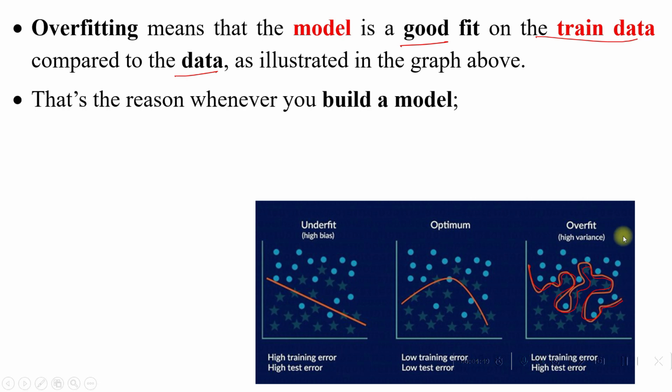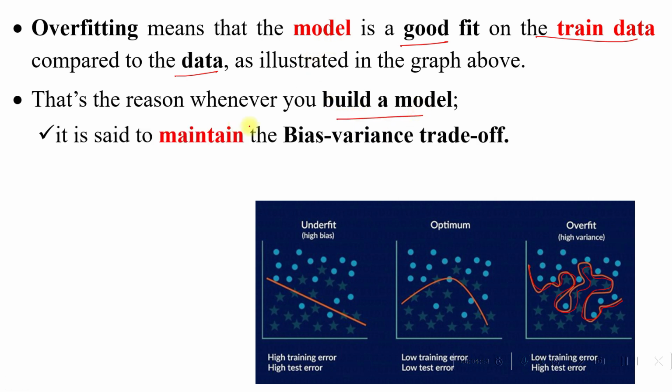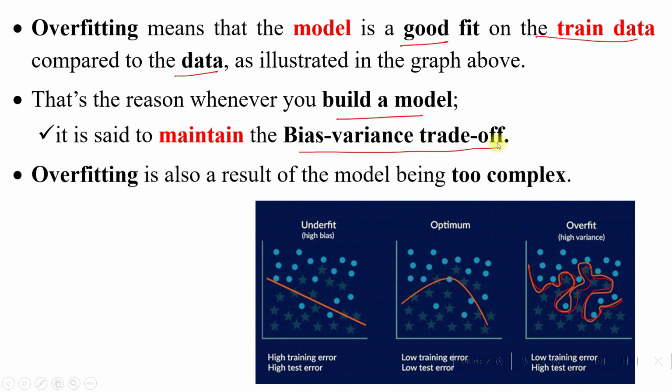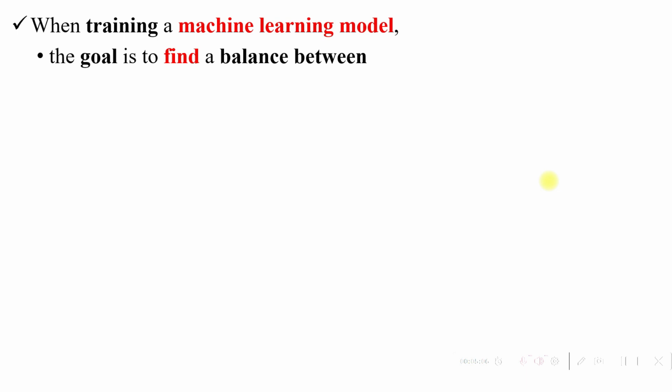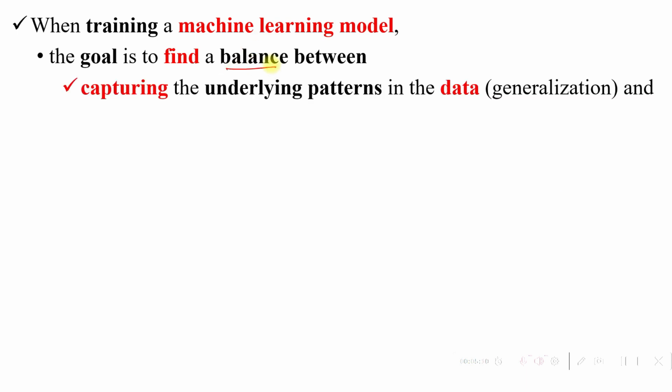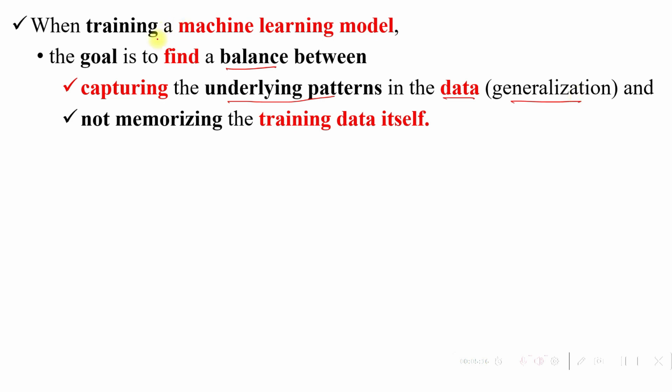That is the reason why, whenever we build a model, we are said to maintain the bias-variance trade-off. Overfitting is also the result of the model being too complex. When training a machine learning model, the goal is to find the balance between capturing the underlying patterns in the data, that is generalization, and not memorizing the training data itself.